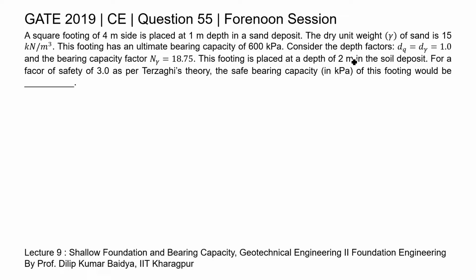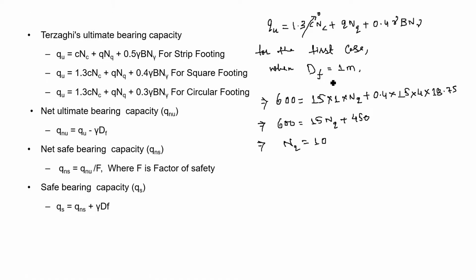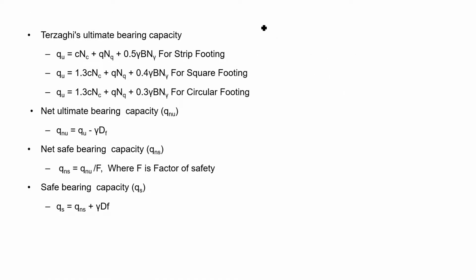Now with the help of this Nq and all the data given, we can find the ultimate bearing capacity of the footing for the second case, when the depth of footing is 2 meter. We can find Qu with this formula. The first term c Nc is 0. Why?